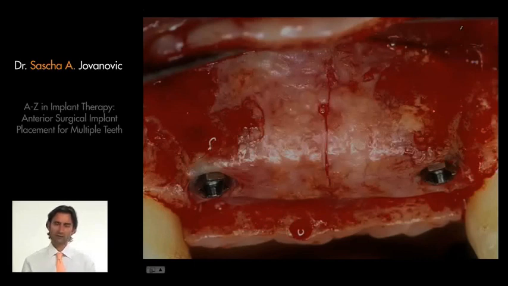So the sequence of events was here. Patient arrived with failing teeth. We removed the teeth. We waited 6 weeks. We placed the 2 implants with the bone graft. Waited for 6 months, and right now you're looking at the uncovering stage.